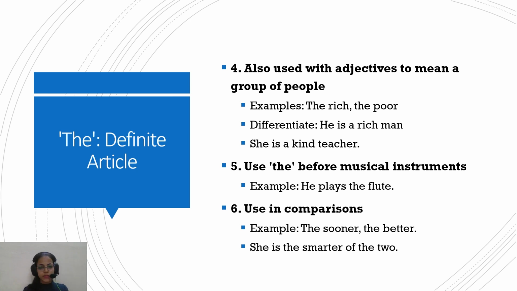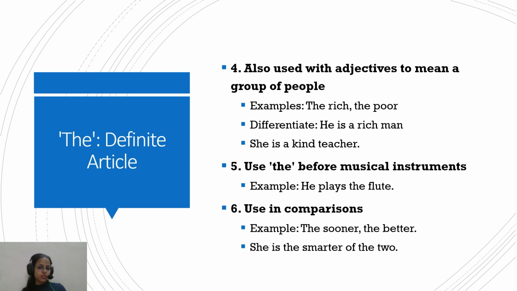He is like any rich man, not the specific community. She is a kind teacher. Again, a kind teacher is not referring to the whole community. It's generic. She's a kind teacher, generally speaking. So you just have to understand the difference between the specificity and the generic aspect.